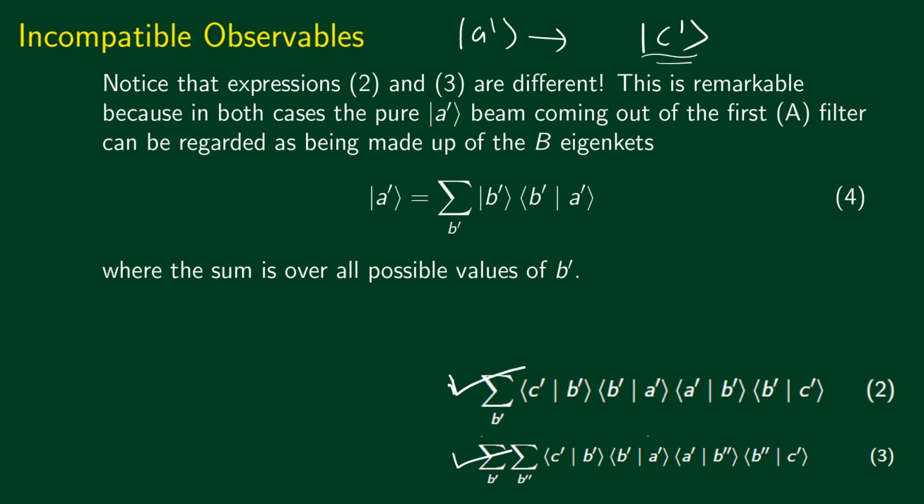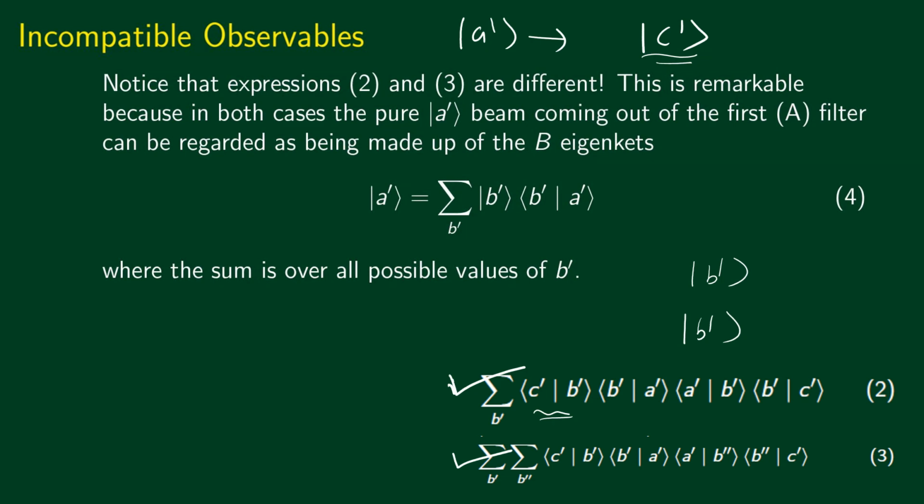All right. Now, if you remember the calculation that we actually carried out, you'll see that in the first case we actually first found the probability for passing through each of the B prime and then added all the probabilities. All right. In the second case, we actually added the probability amplitudes for passing through each of the ket B primes.